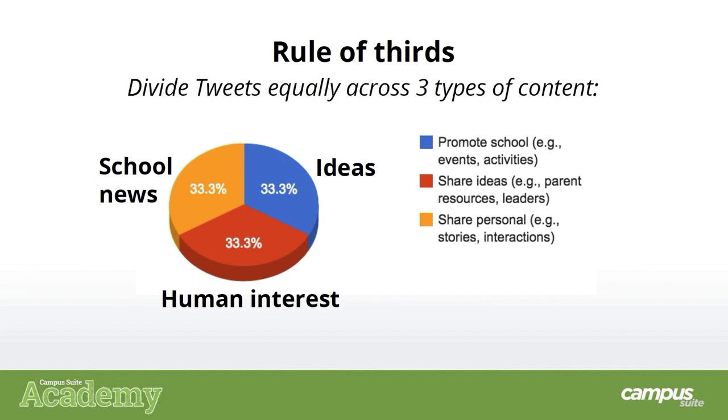One, you've got school news and events, and that's everything from school delays and cancellations to awards and scores and upcoming events. There's tons of news and events. That's one third of your content. You're promoting the school per se. The next chunk is ideas. Okay, and this is where you're sharing ideas.